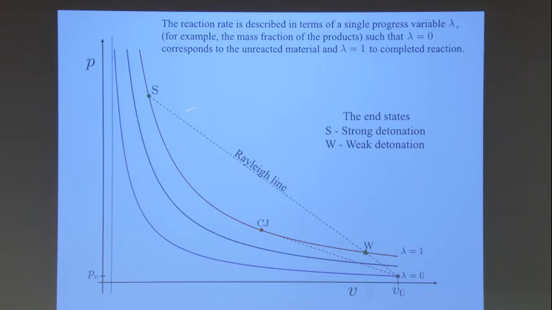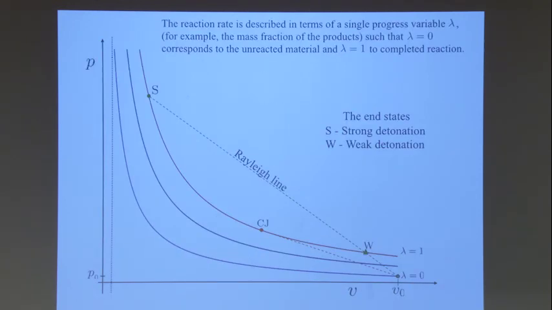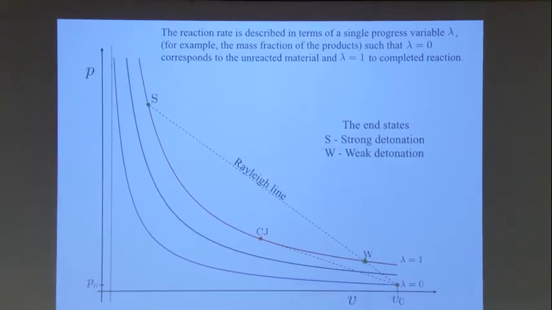Now, clearly, the end state must be on the curve lambda equal to 1, right? Just to remind you, here is the picture. Lambda equal to 0 is the initial state. Lambda equal to 1 is the final state. So all this is the structure that we want to see how it is described now in the Rankine-Hugoniot description.